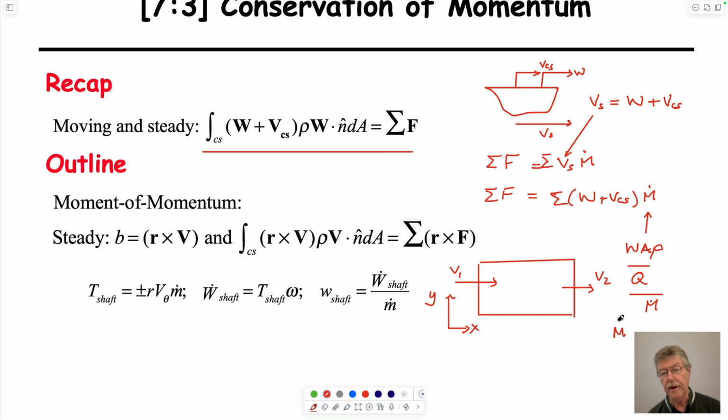For the mass flow rate term, this is always positive outwards and negative inwards, and for the velocity relative to the boundary velocity, this is always positive in the direction of the coordinate direction, and so we just need to follow this sign convention.